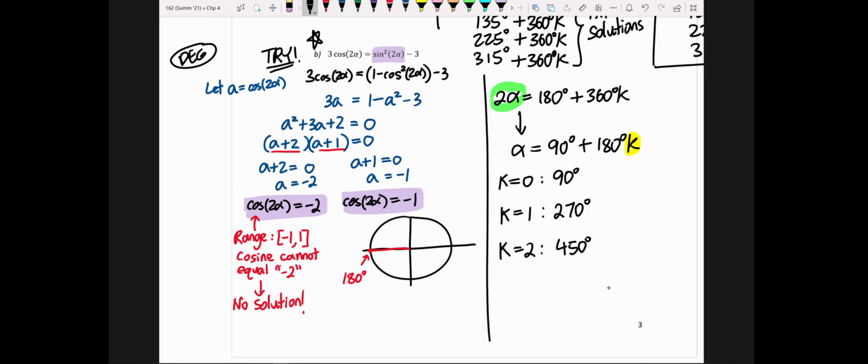We only want the solutions between 0 and 360 degrees. So we have 2 solutions between 0 and 360 degrees. 450 degrees is not in the specified interval. Therefore, alpha is equal to 90 degrees or 270 degrees. We end up with 2 solutions in the specified interval.